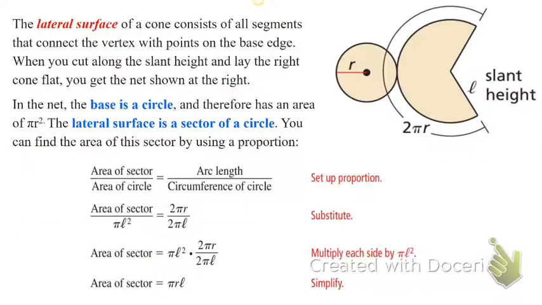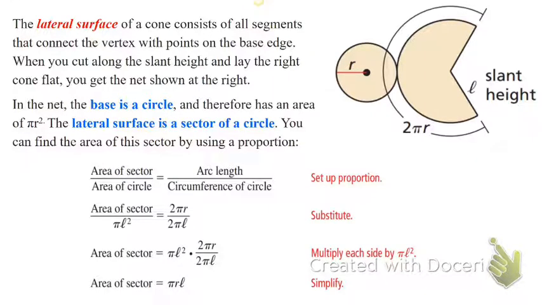So we're going to start off by trying to find the lateral surface area of a cone. If you were to lay a cone flat by cutting down its slant height and then opening it, separating it from its base, you would get a picture which is called a net that is shown at the right.